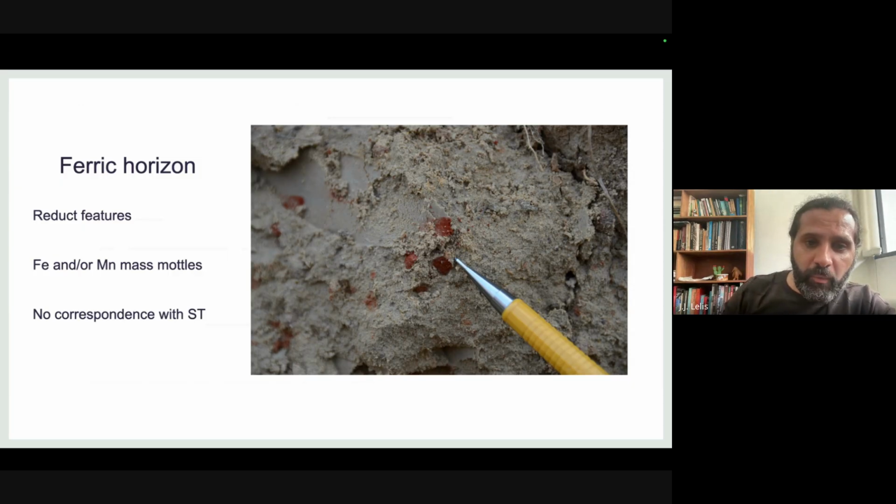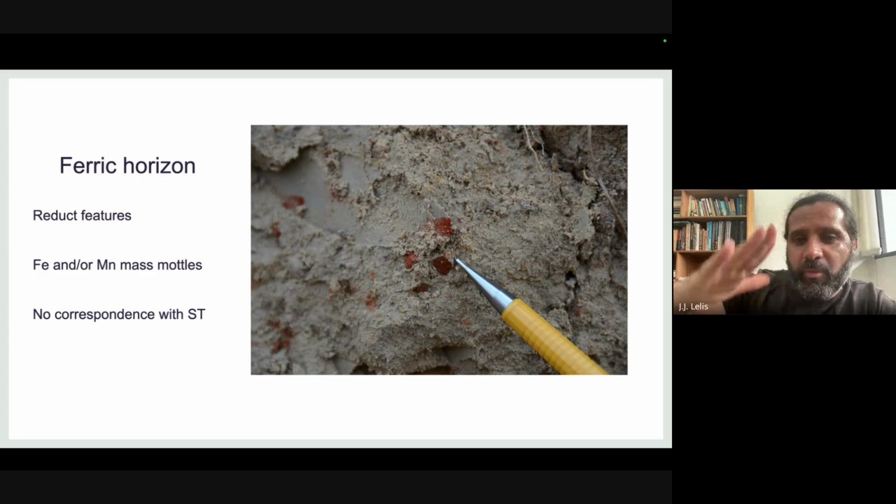Now let's see one step before the plinthic horizon, the ferric horizon. The ferric horizon will register more reductive features than oxymorphic features. So now we have more reduction than oxidation. So the iron is just starting to be oxidized, okay?